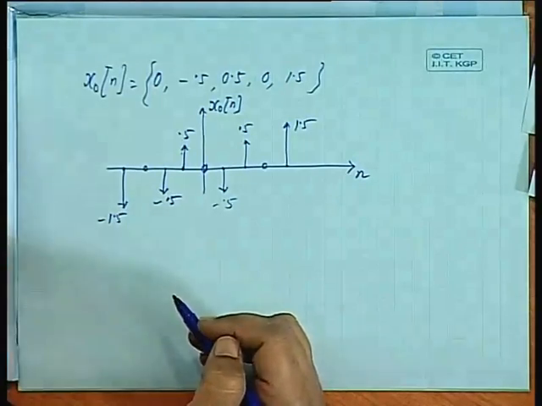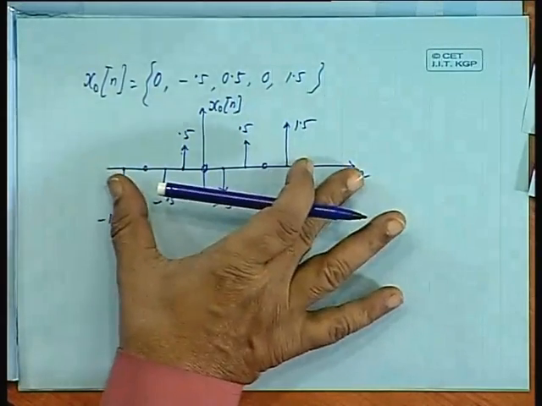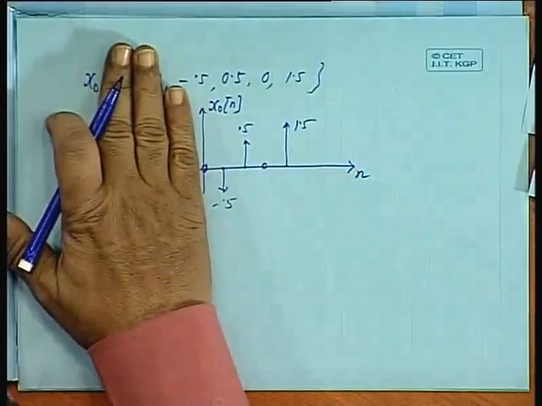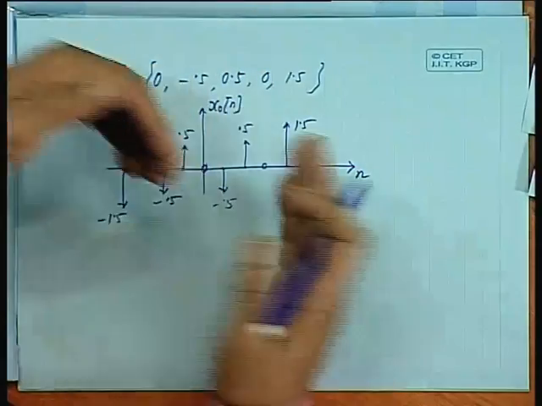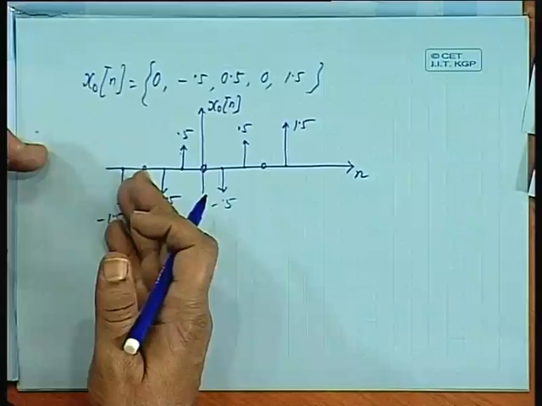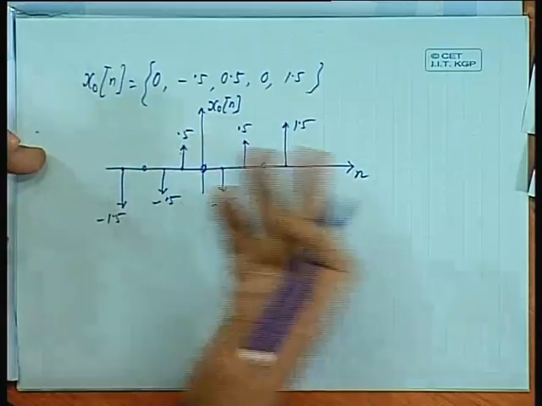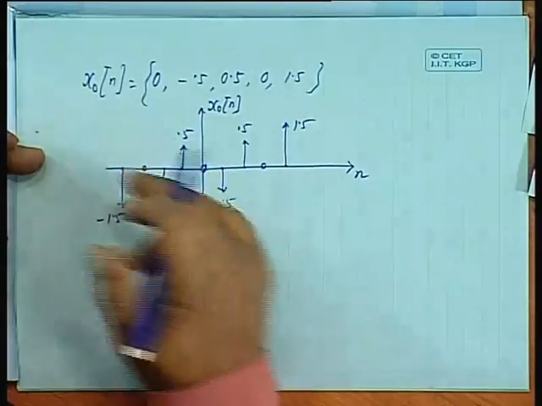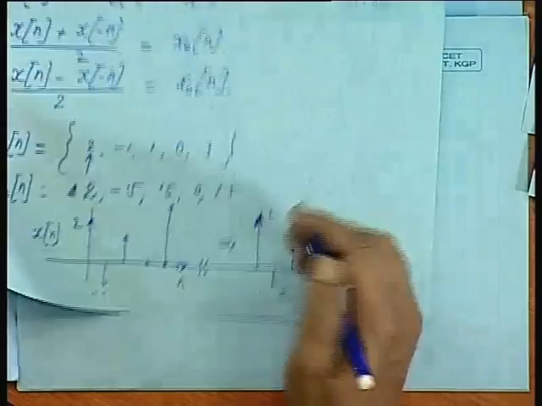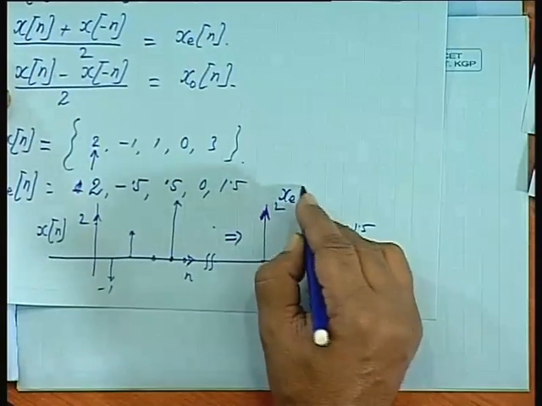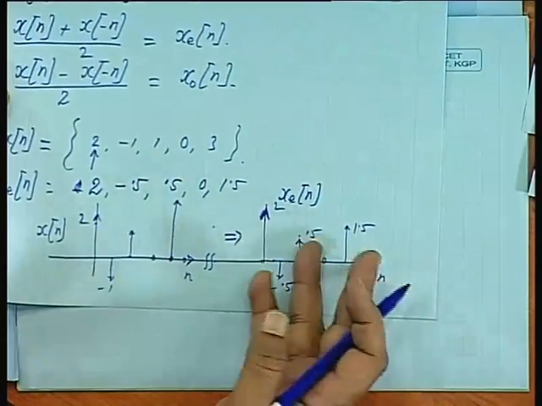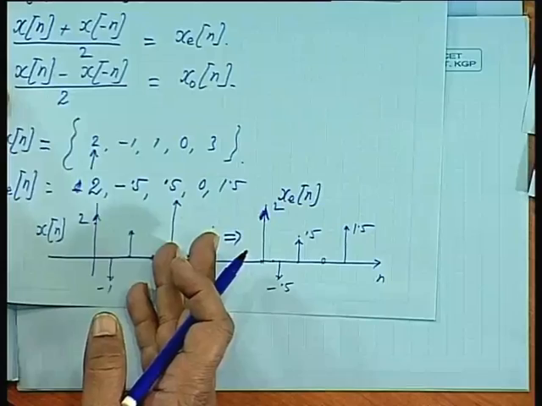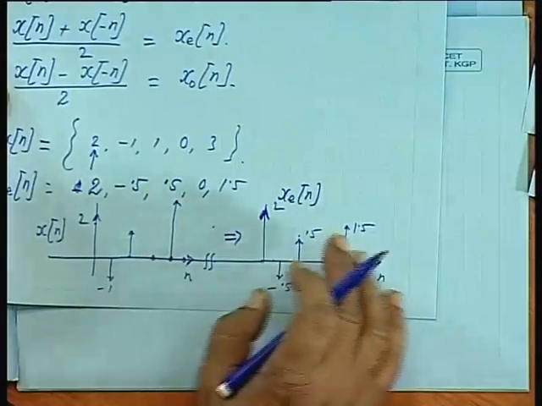So this is the total function. Normally we do not show this part, it is understood it will have these values. In the negative region, it will have just the negative of these values. Similarly, the even part, we do not show the left hand side, but it also has these values.